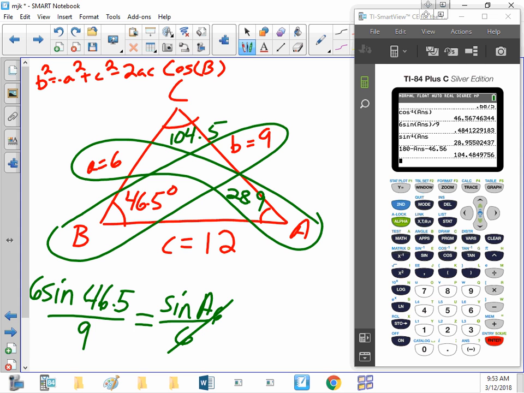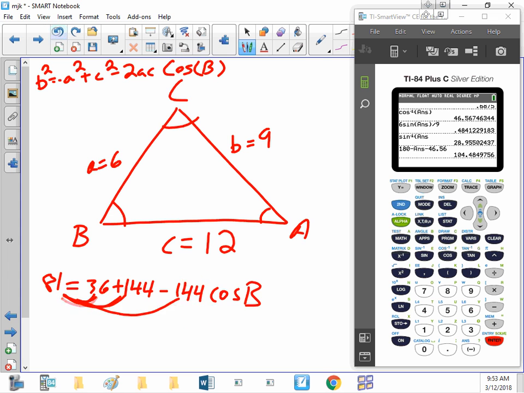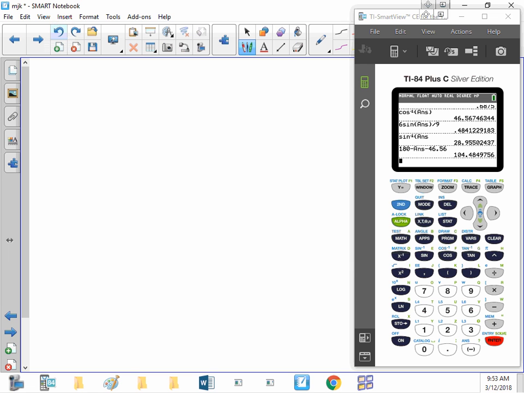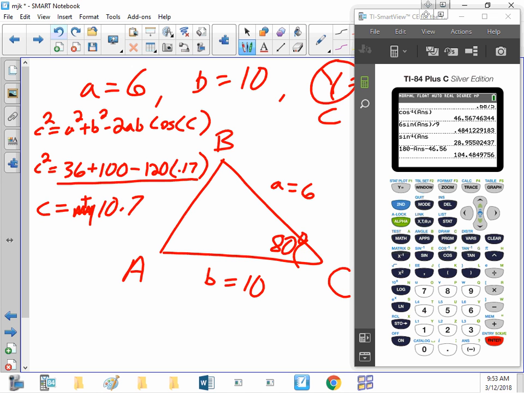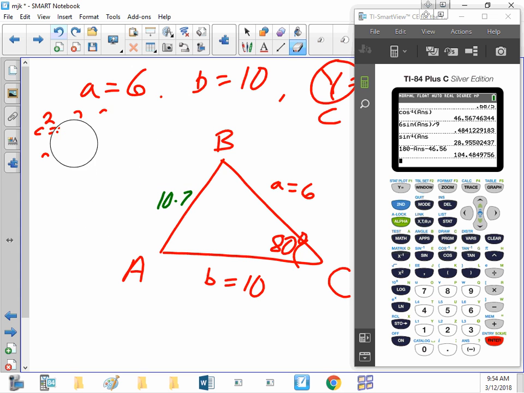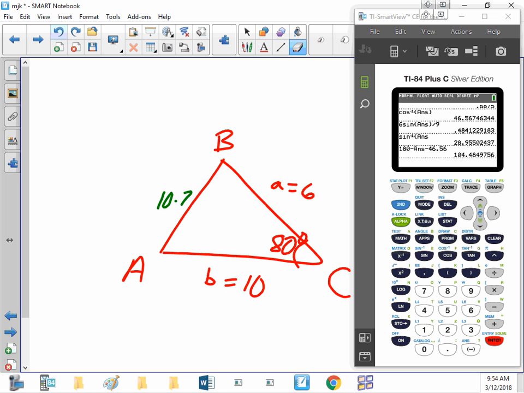Let me go back to that previous problem we solved. So in this problem, I found C to be 10.7. What would I do from there? Right.